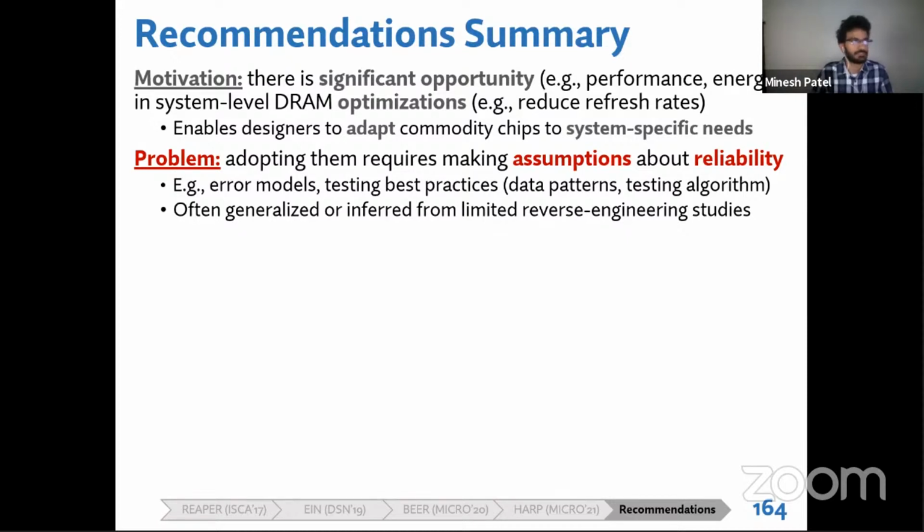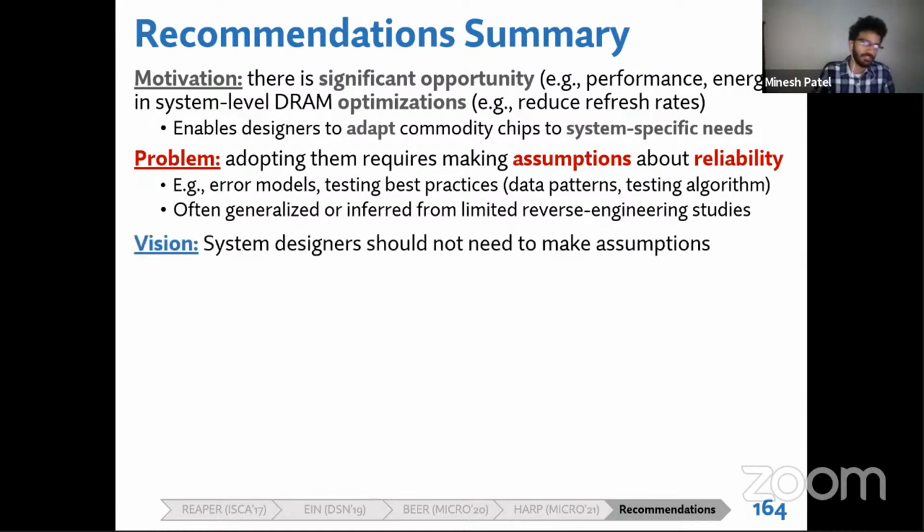These assumptions include error models as to how errors will manifest when we change certain operating timings, and testing best practices, such as data patterns and algorithms that we talked about. System designers often have to generalize or infer this information from limited reverse engineering studies in order to adopt the mechanisms themselves. Our vision is that system designers should not need to make these assumptions, or at the very least, they should make more concrete assumptions than assuming everything.